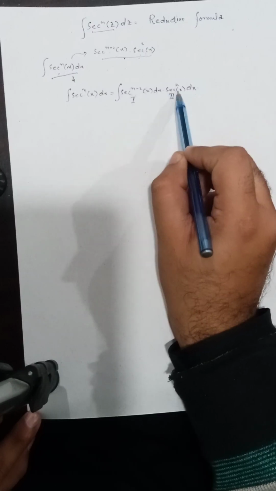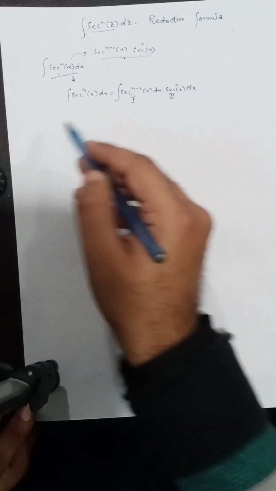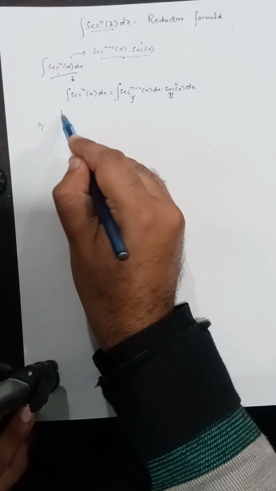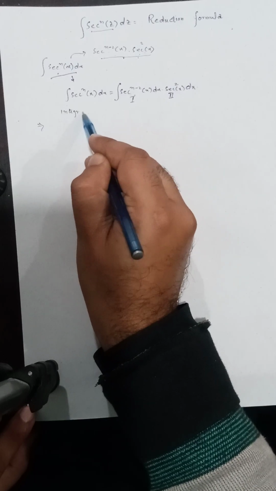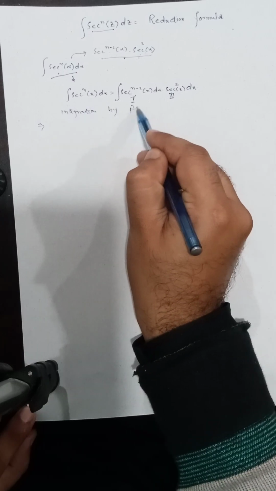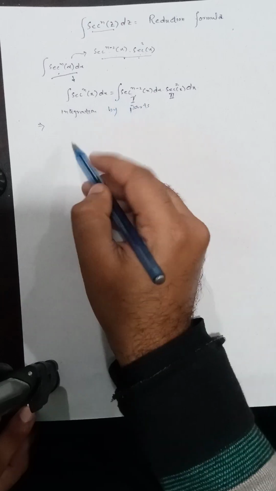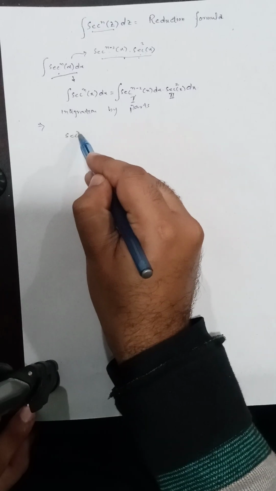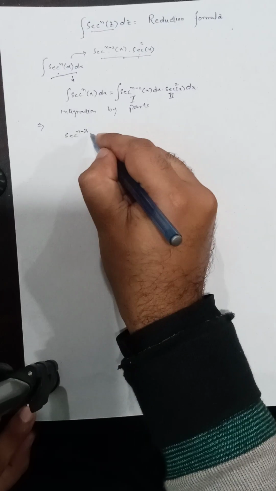So this is the first function, this is the second function. Using integration by parts, the first function is secant n minus 2 of x.